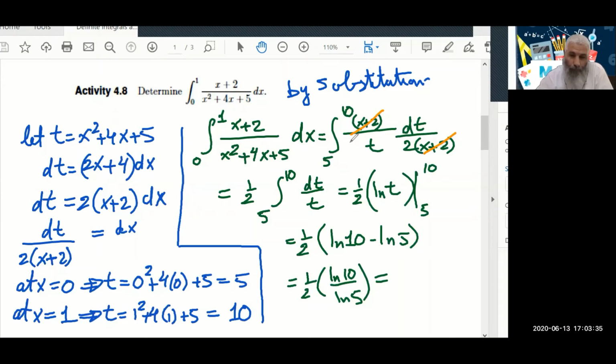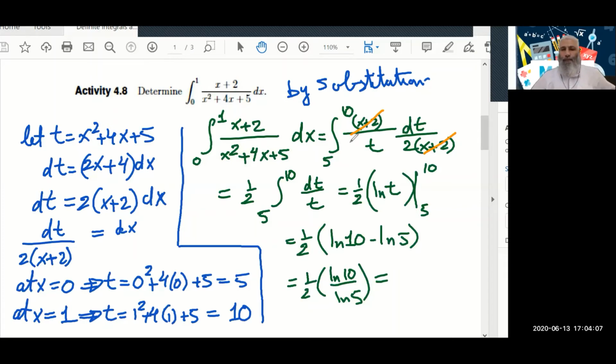Because we have limits, that's why we don't need to put it instead of t, like what we used t as a substitution. We just need to solve the problem. So this is the solution. We substituted t equals this, and we changed the limits. So the new limits will give us the solution.